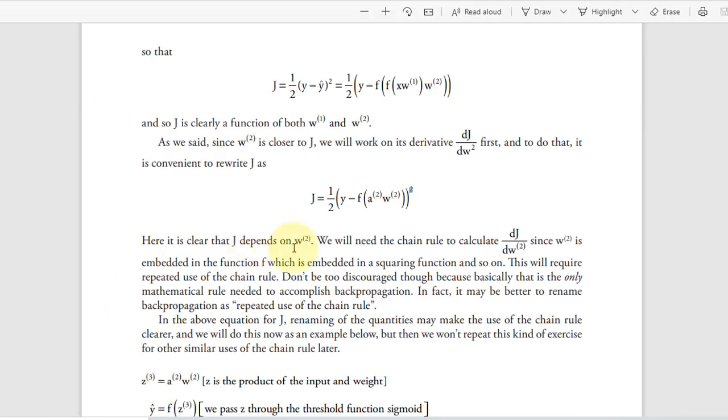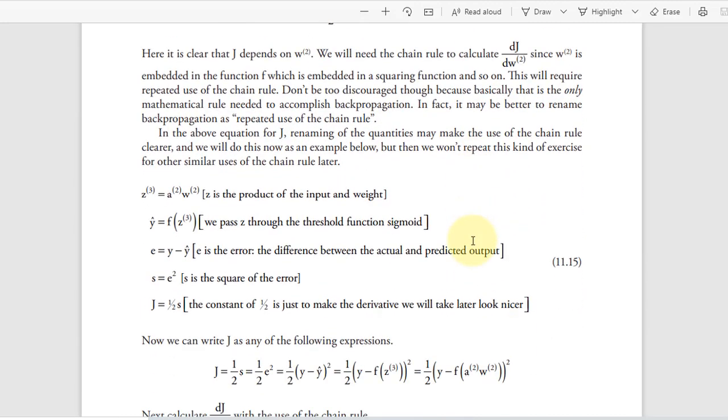So going back to here, you can see that if I want dJ dW2, that is this thing here, this W2 is embedded in this f, and then that is in here, and then we're squaring it. So there are several different processes involved, and so the chain rule is going to have several factors.